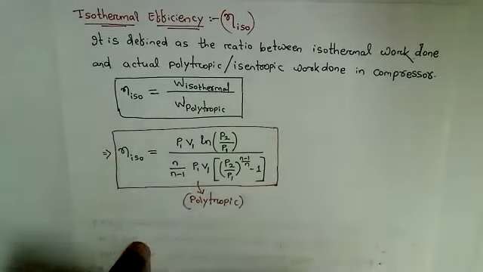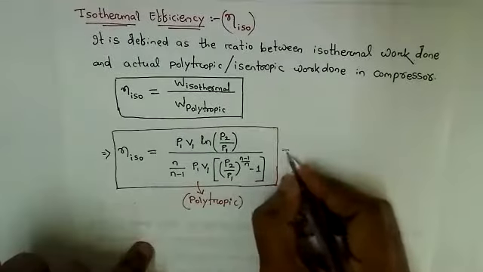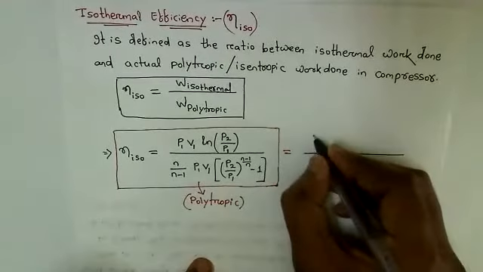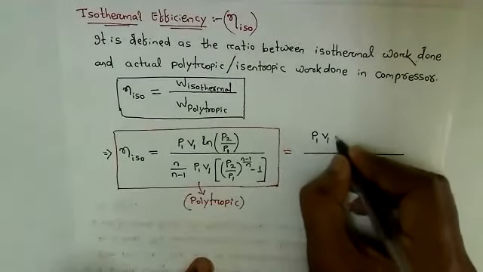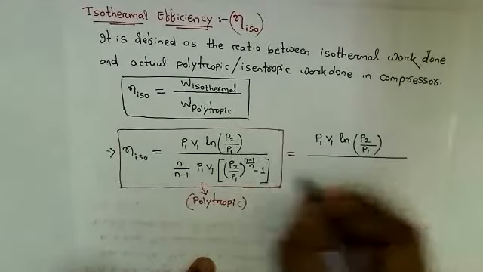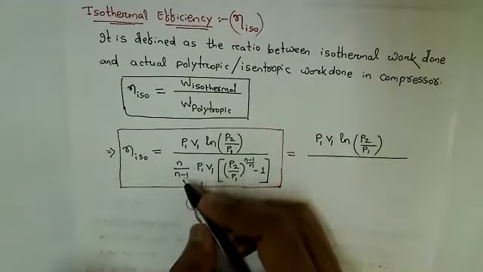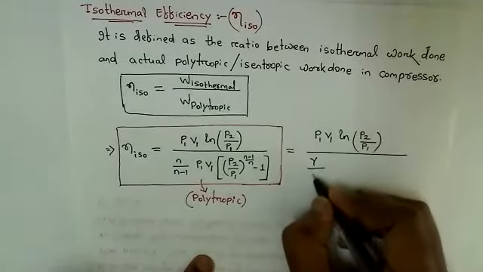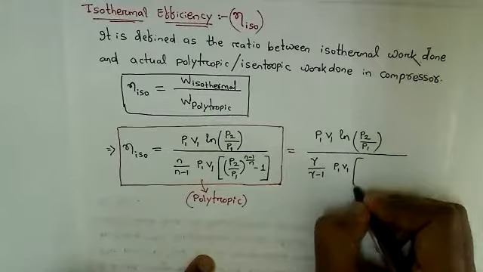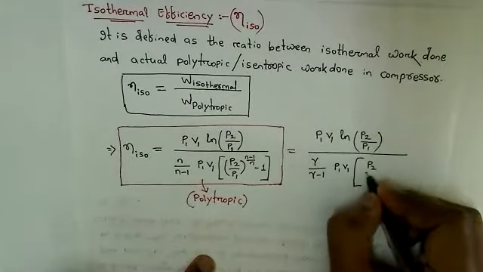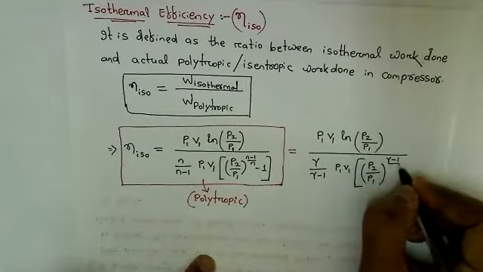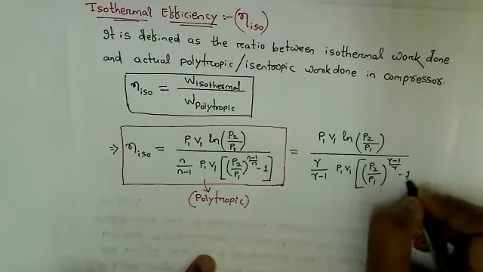And if it is an adiabatic or isentropic process, then the formula becomes P1 V1 ln P2 by P1, whole divided by, in place of n we write gamma, gamma by gamma minus 1, P1 V1, whole into P2 by P1 whole to the power gamma minus 1 by gamma, minus 1.